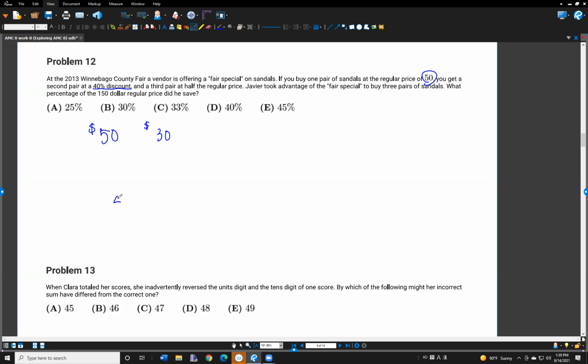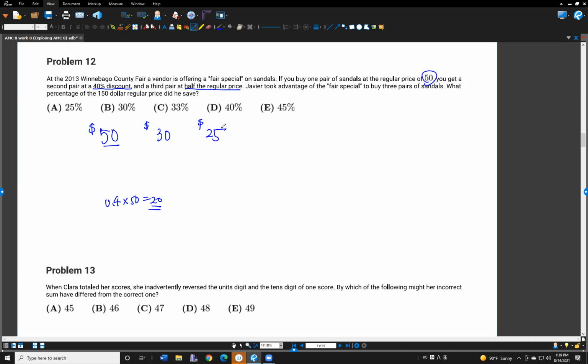40%, 0.4 times 50 is what? $20, isn't it? Or times 60%, 50 times 0.6 is 30. That is the second price. The third one is half of the regular price. Half of the regular price is $25.